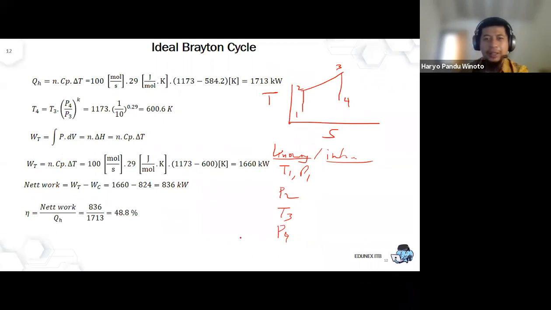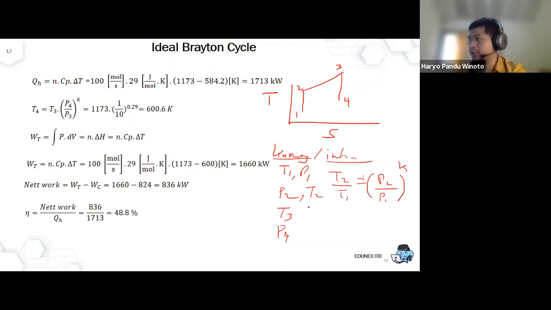And how to find T2 here? It is by using the equation P1 to P2 relation, something like this.